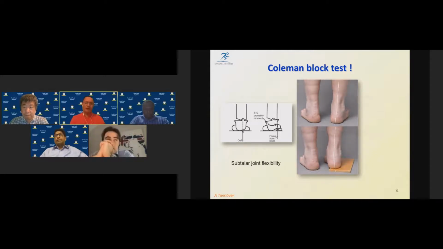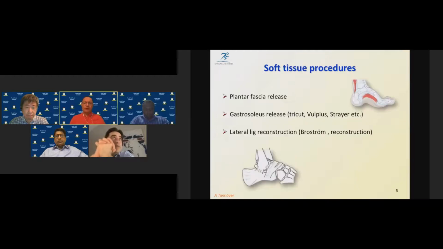It is very important to assess subtalar joint flexibility. Looking at the soft tissue procedures, I always start with releases, like plantar fascia release. Gastrosoleus release is usually part of the surgeries. We'll use strayer, straight, whatever we want. One of the most decision-making issues is stability of the tibiotalar joint, which I'll be talking about.